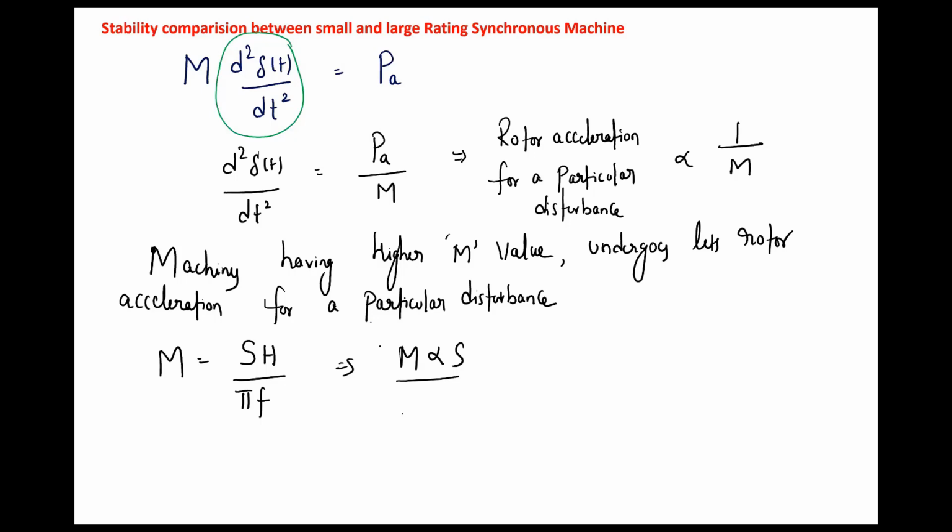That's why in a generating station we always prefer larger machines, that is 250 MVA machine, 500 MVA machine, because they are having huge rotors whose angular momentum is also high. So whenever a disturbance occurs, they have more capacity to withstand that disturbance.